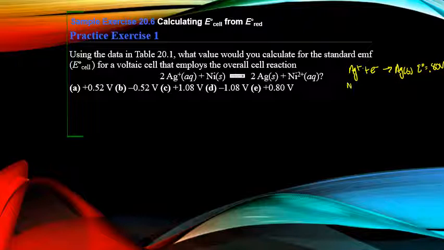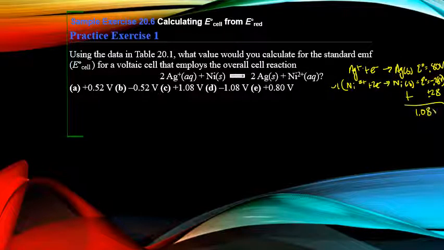We had the previous reaction where I had the Ni2+ plus 2 electrons forming the Ni as a solid, and that E cell was a negative 0.28 volts. So again, we had to flip this reaction, and when we did that, we multiplied by -1, which converted that into a positive 0.28 volts. So I could now just add those together, and I have 1.08 volts for my answer.